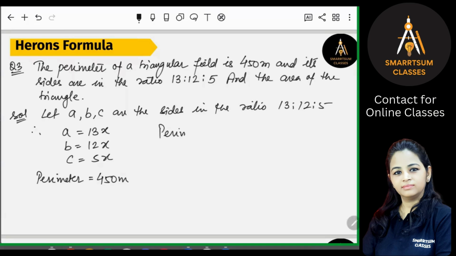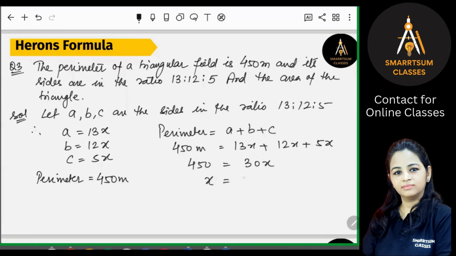So write down perimeter is equal to A plus B plus C, that is 13x plus 12x plus 5x. Perimeter is already given, that is 450 meters. So 13 plus 12 plus 5 is 30x, and this is equal to 450.